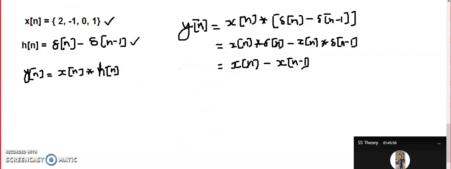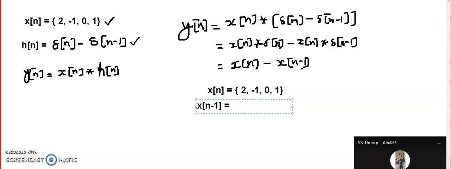Now what is xn? Xn is this, xn is this, x of n minus 1 क्या होगा? कोई बता सकते क्या होगा?